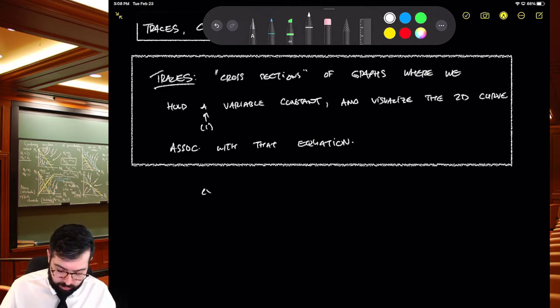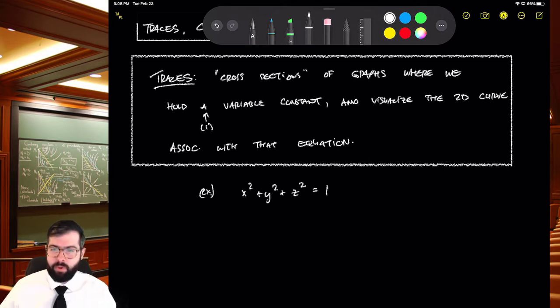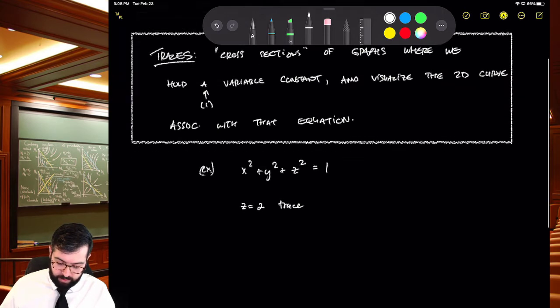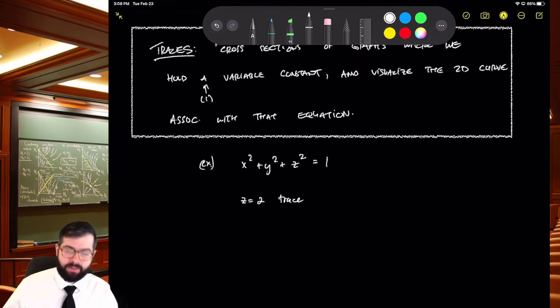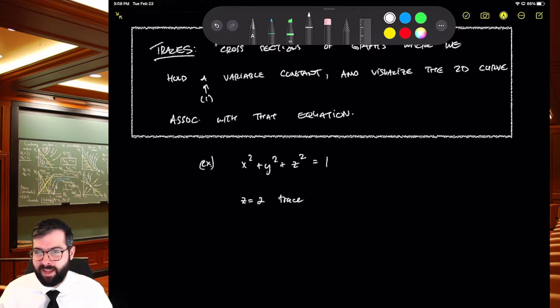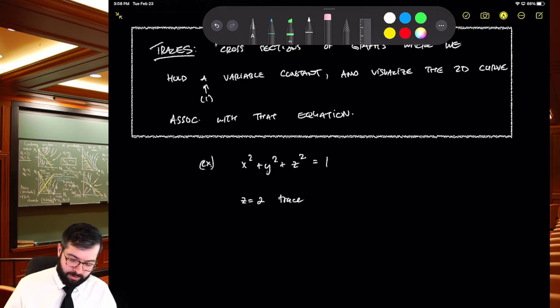So to give you a quick example, and we'll play with this a little bit more, if I have x squared plus y squared plus z squared equals 1, we know this is the unit sphere, right? And so what we would do is take maybe the z equals 2 trace and see how that looks. Well, actually, that's not going to work, is it? How would we have a z equals 2 trace if this thing has a radius of 1? Trick question.